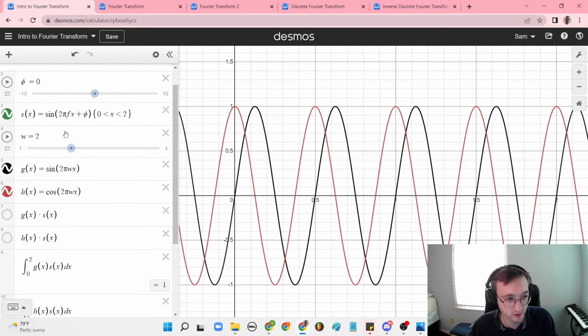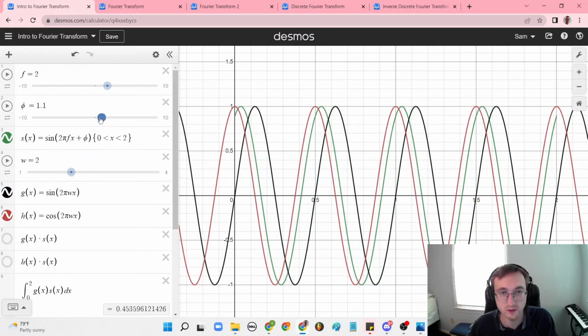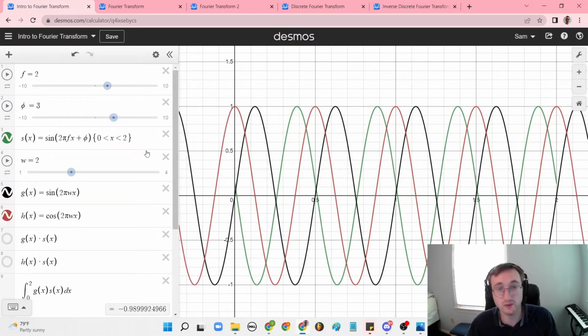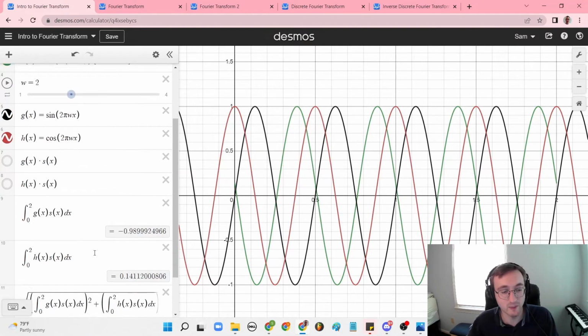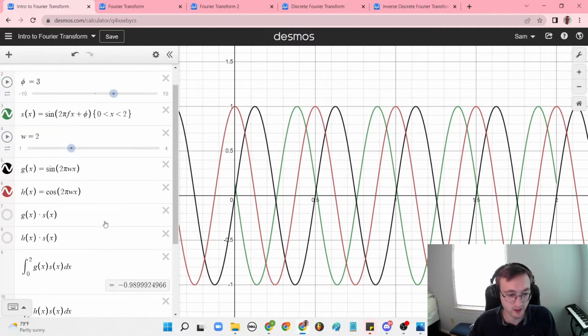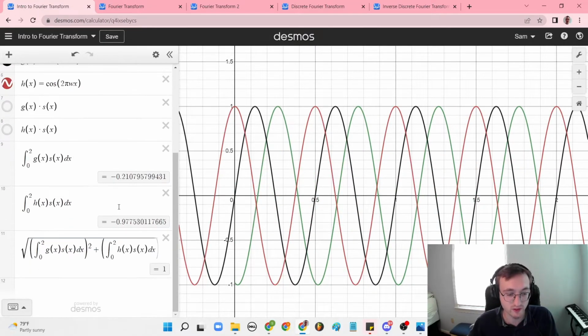Whatever the phase is, it's going to change the value of the sum of our sample wave times the wave we're sampling. So yes, the phase does influence the presence of a sine or cosine wave, but again, because of the identity cosine squared plus sine squared is 1, we'll still know what frequencies are present based on that.